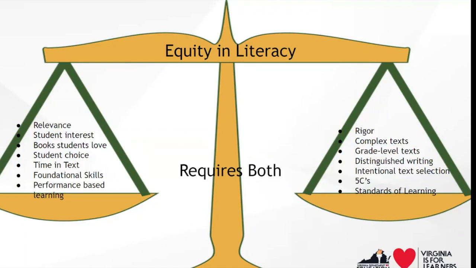And really being intentional about what we're giving them, and then incorporating those 5 C's through these texts and using the standards. So it really is a balance of both, and we have to be able to give those to our students when we're planning and delivering instruction in literacy.